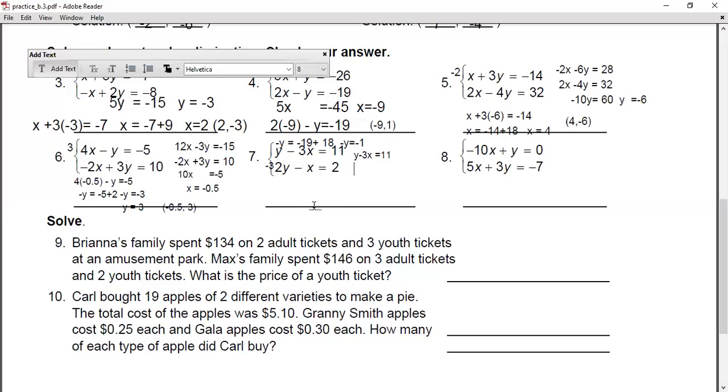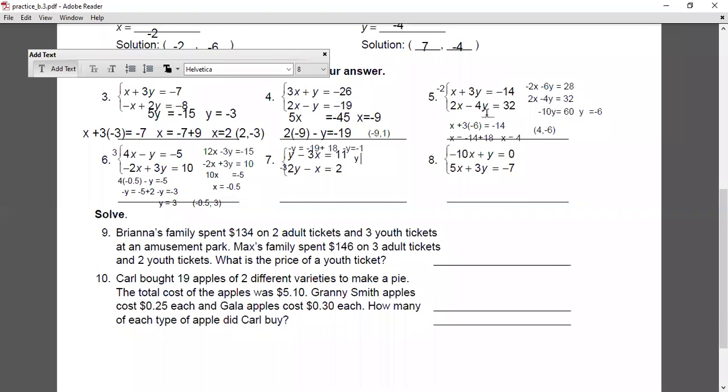And once you multiply with negative 3, the next equation is going to be negative 6y, because negative 3 into 2 is going to give you negative 6y, plus 3x, because negative 3 into negative x will give you plus 3x, equals negative 6.